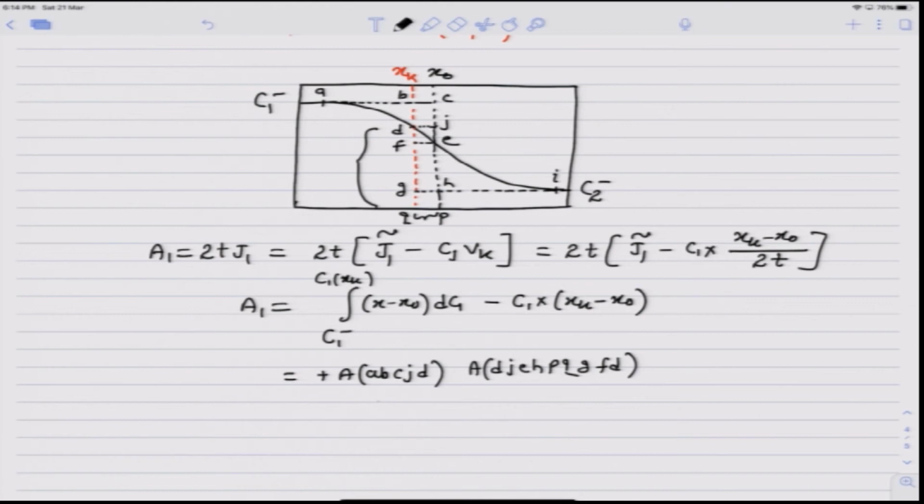So this area, there should be a negative sign here, and with this negative sign this becomes positive.